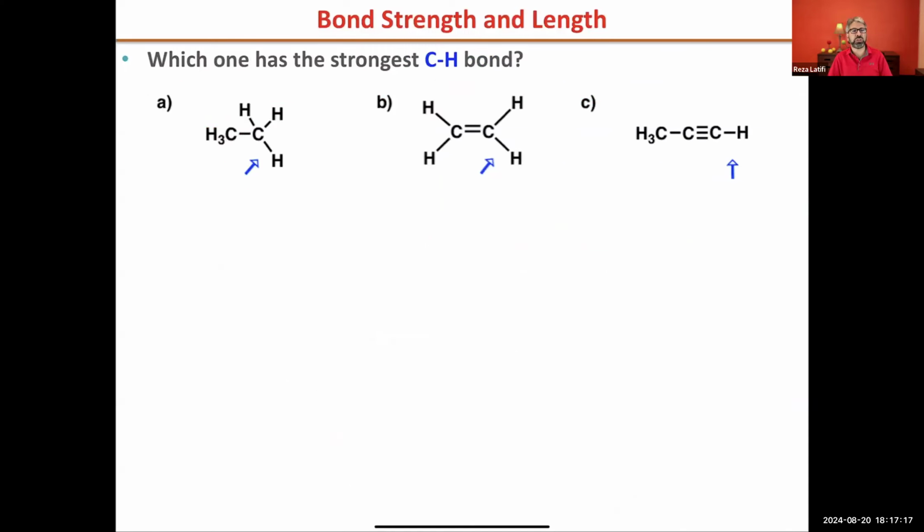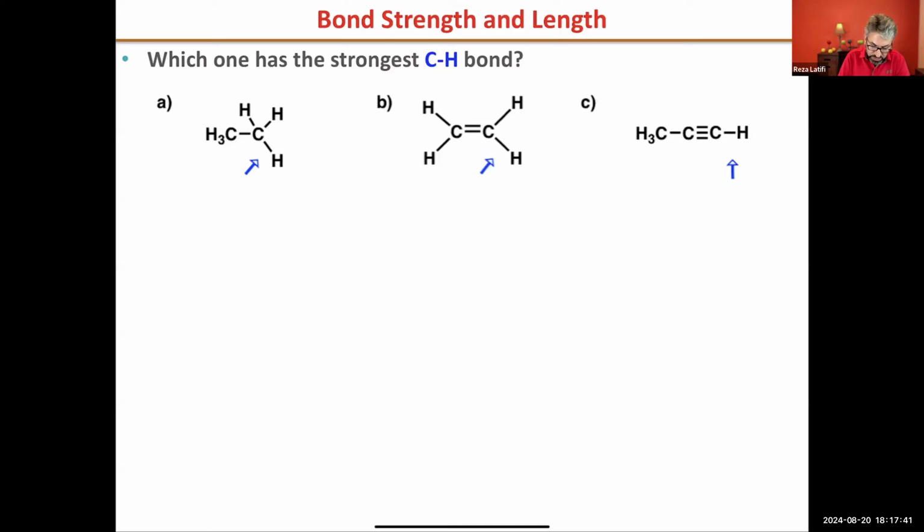Now it says which one of these has the longest CH bond. If they give you such a question, just try to figure out the hybridization of the carbon and which element hydrogen is attached to, and based on hybridization, judge them and find the correct answer.